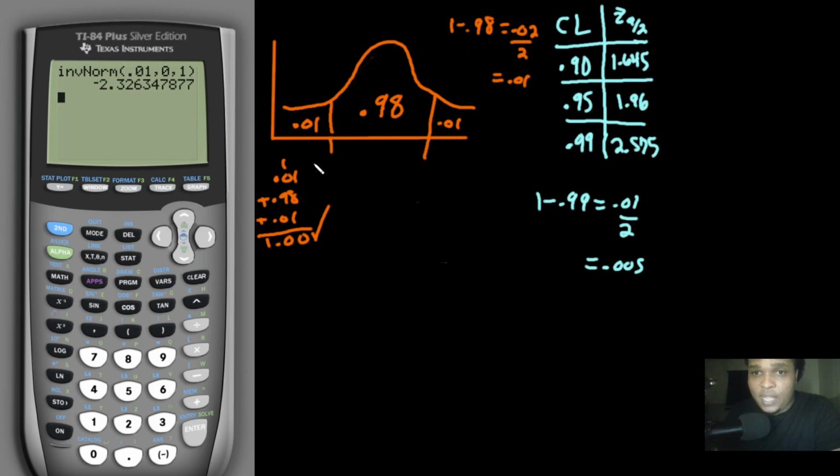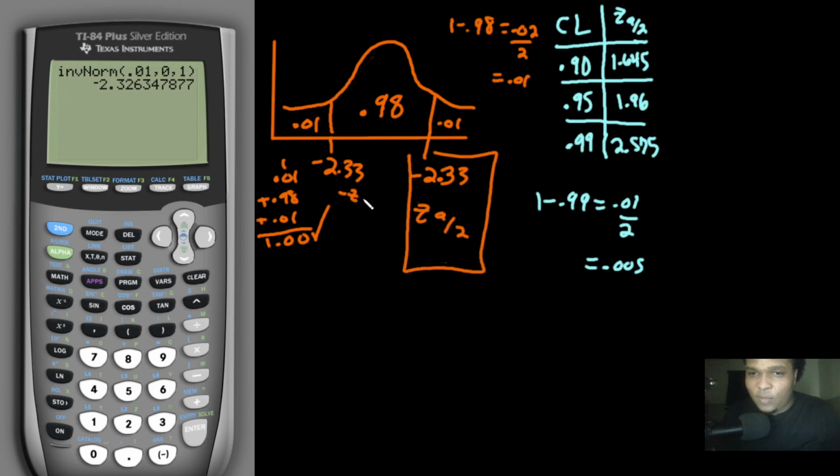So we got this guy, but we came here for this guy. This is z alpha over 2. Remember, this is negative z alpha over 2. They're both the same number. It's just that one is negative, one is positive, but we want to use the positive version. 2.33.